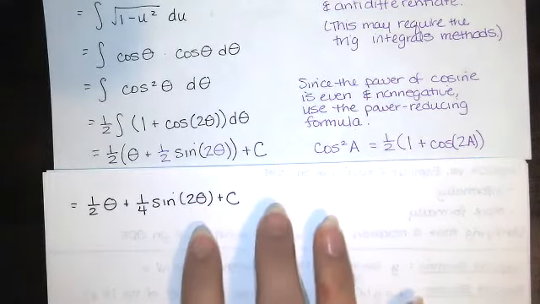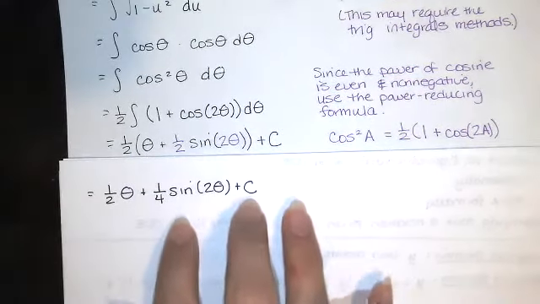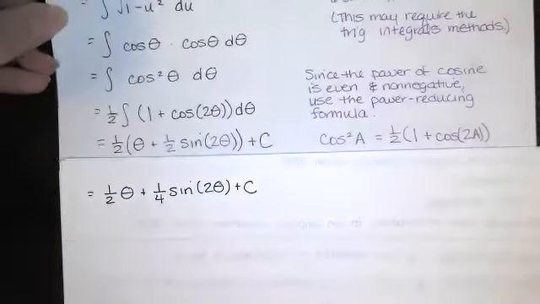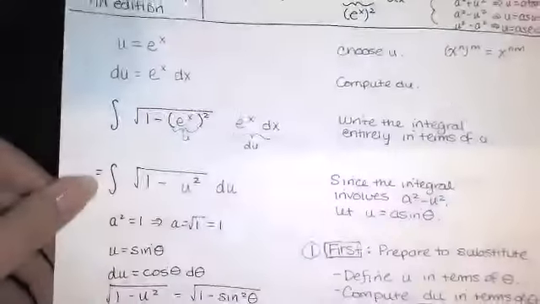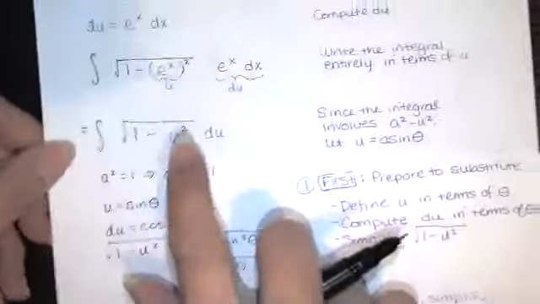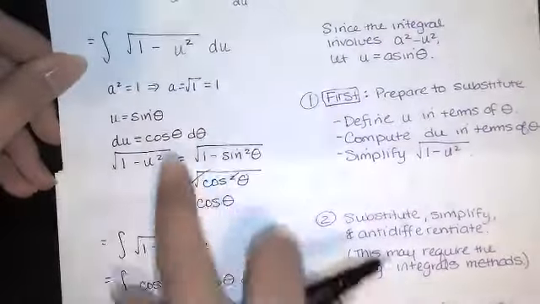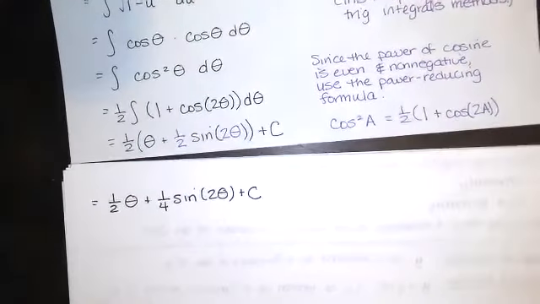And at this point, we typically draw a triangle and we try to write everything here entirely in terms of the original variable, which in this case, we started with x originally, but with the trig substitution, we started with u. So we're going to try to get everything here that's written in terms of theta, written in terms of u, and then at the end, we'll back substitute.